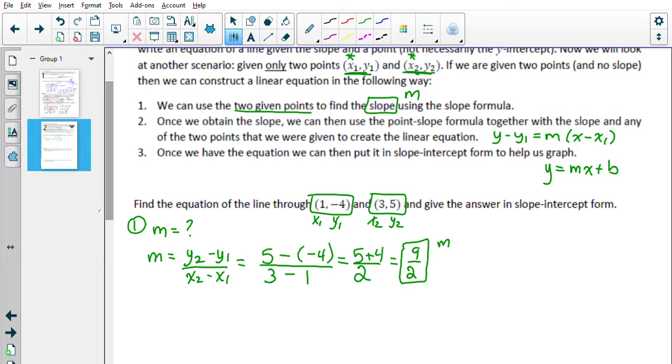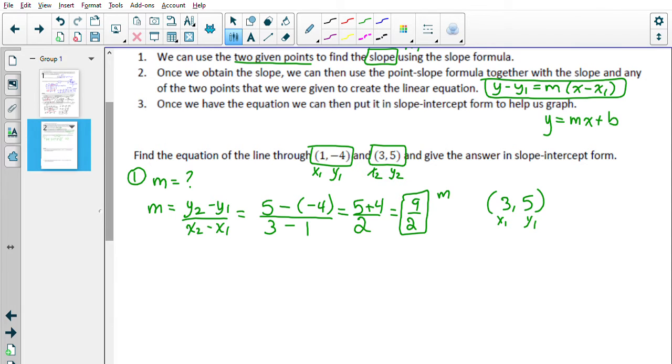Now you get to choose either one of those points that you want to use. So let's choose the 3 comma 5 because it doesn't have a negative in it. And let's pretend that's our x1, y1 in this formula. Okay, so that's all step 1. Step 2 is going to tell us to take this equation, y minus y1 equals m times x minus x1, and use this point, and you can use either one of the points.